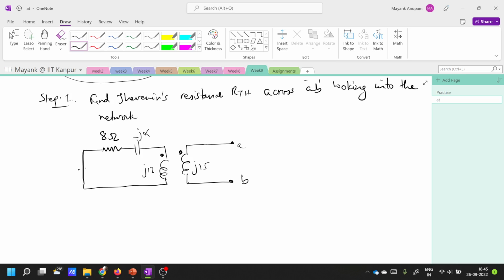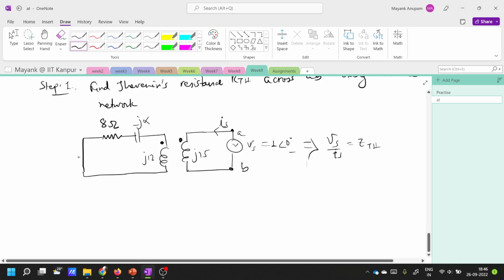You have already shorted the voltage source. Now what do you have to do to find the Thevenin resistance? You have to connect it to a voltage source of, let's say, Vs equal to 1 angle 0 degrees, and find out what is the current here, Is. So Vs by Is will be your Z Thevenin.